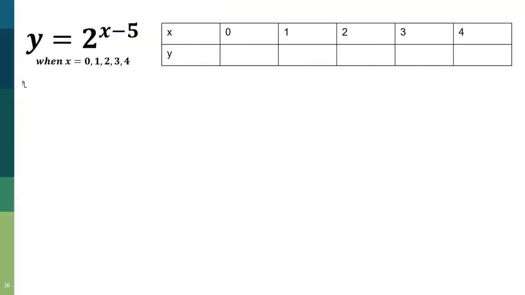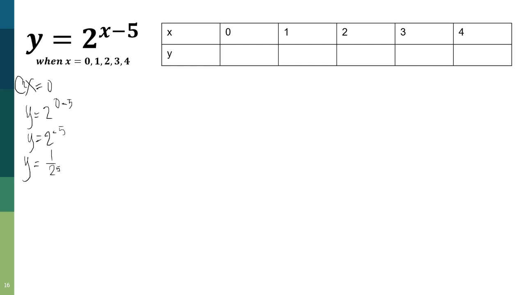At x is equal to 0, y is equal to 2 raised to 0 minus 5. And that is y is equal to 2 raised to negative 5. Let's make it in fraction form, that is 1 all over 2 raised to 5.